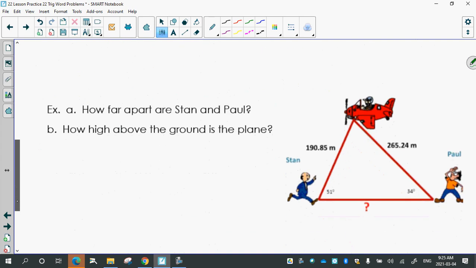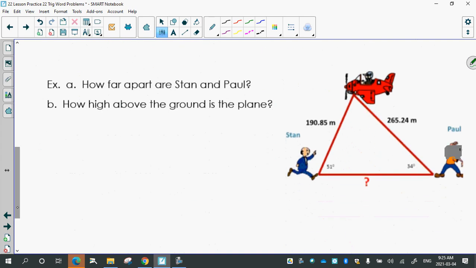Okay, the next one. How far apart are Stan and Paul? Okay, so lots of people filling in the top angle.